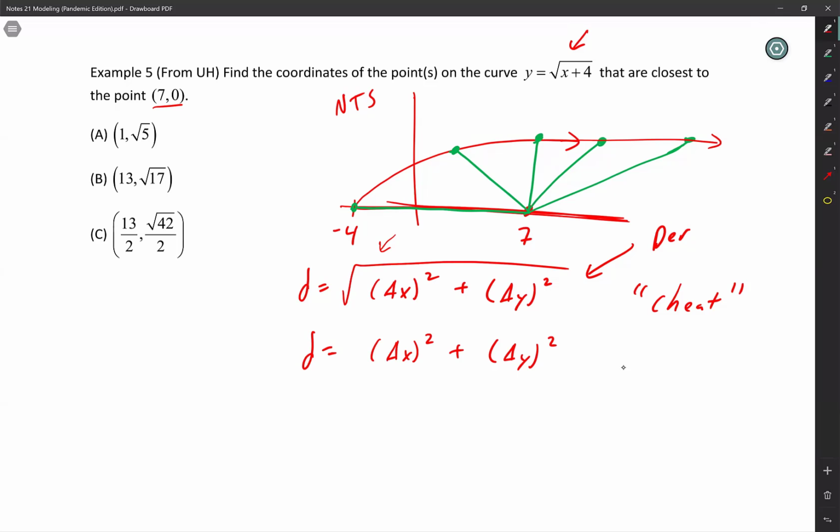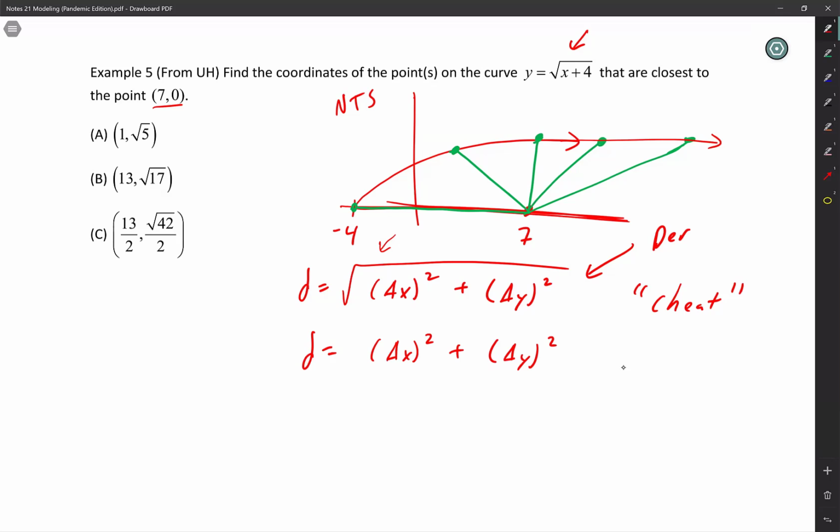Because all I care about is finding a critical point. So when I take a derivative, it doesn't matter if there's a square root or not. When I take a derivative and I'm finding a min or a max, you still set it equal to 0. So because I want the argument on the inside to be the smallest possible, who cares about that square root? I am going to set it equal to 0.